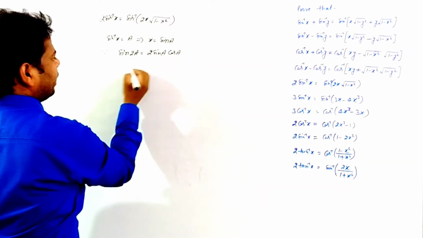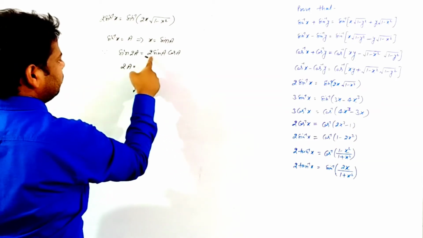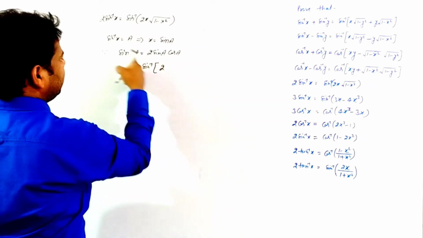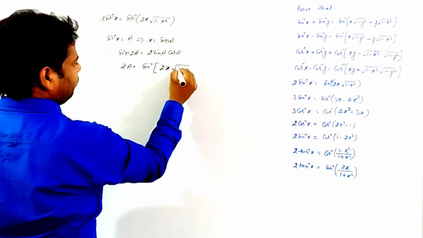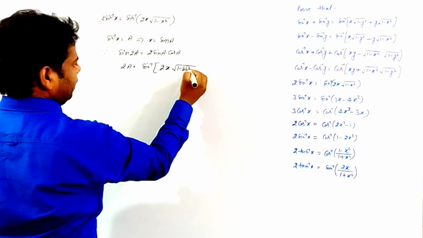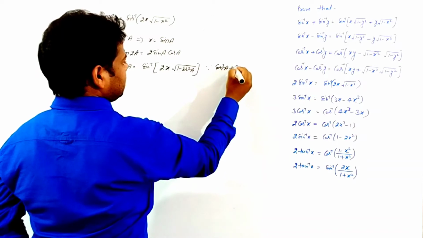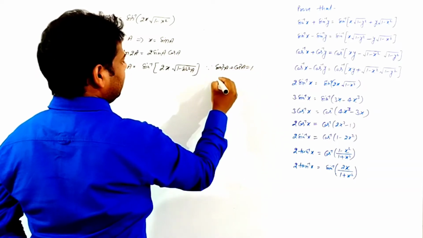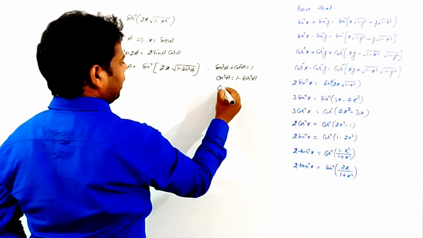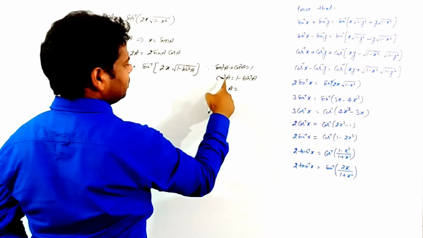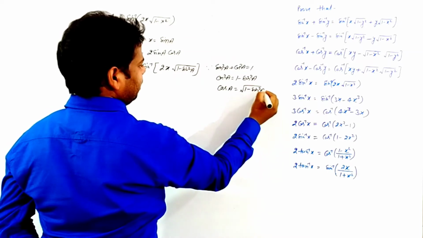Sin goes to the RHS, then we can write 2a is equal to sin inverse of 2 sin a, where sin a is equal to x, so we write x, and cos a is equal to under root 1 minus sin square a, because we have a formula sin square a plus cos square a is equal to 1, so cos square a is equal to 1 minus sin square a, and cos a is equal to under root 1 minus sin square a.